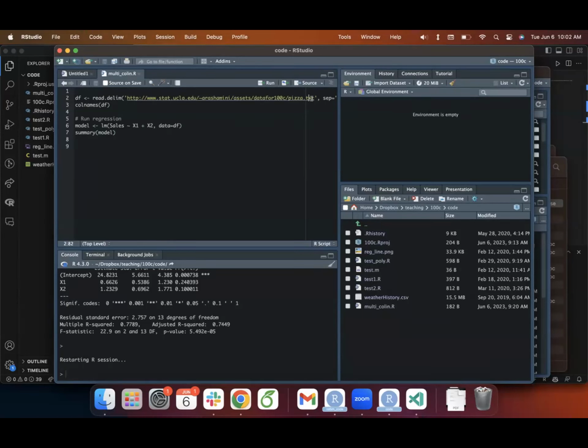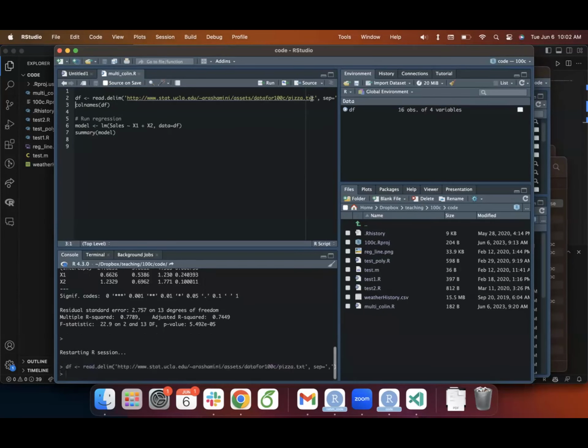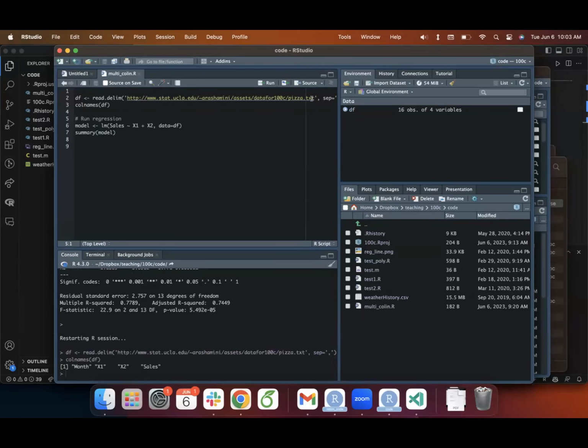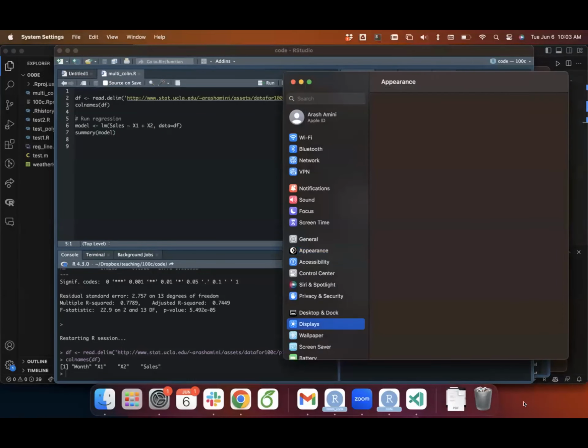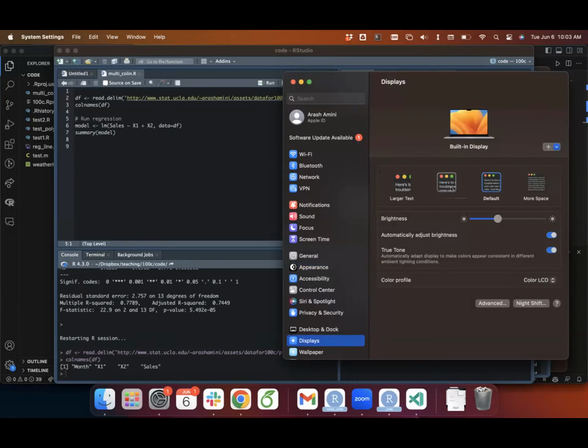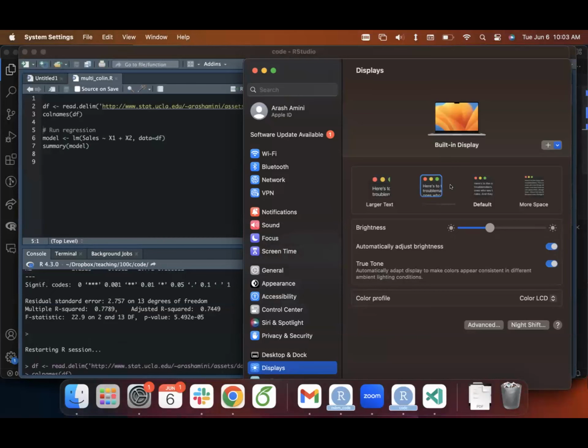So you could read it like this. Column names are, we can expand it a little bit. Let's see if I can. Larger.